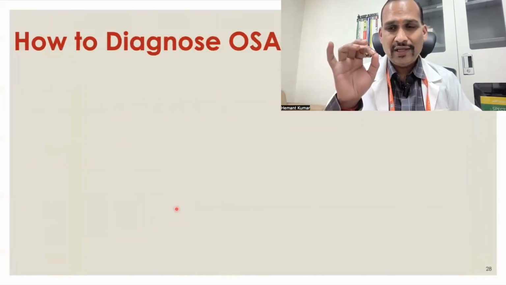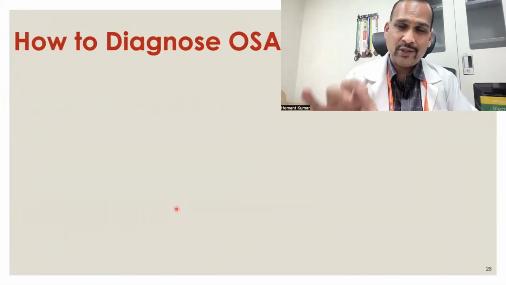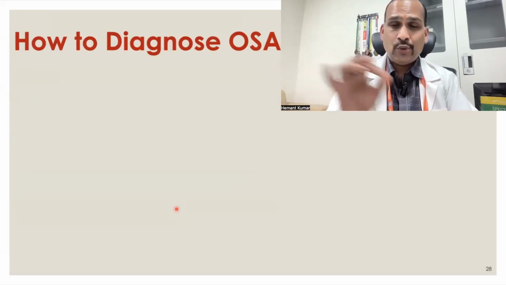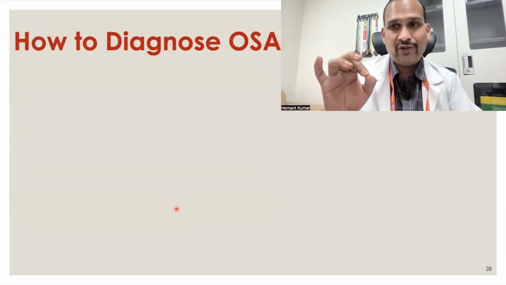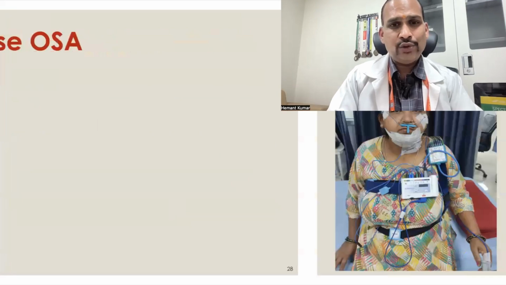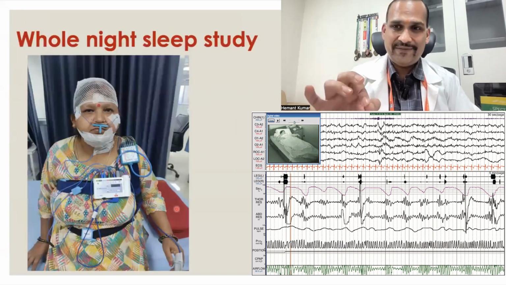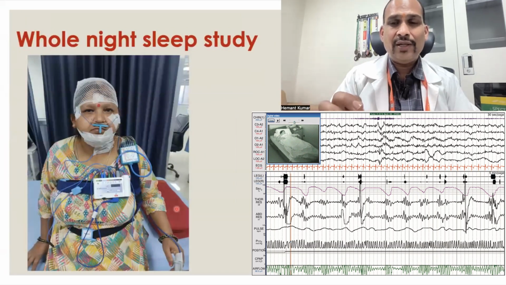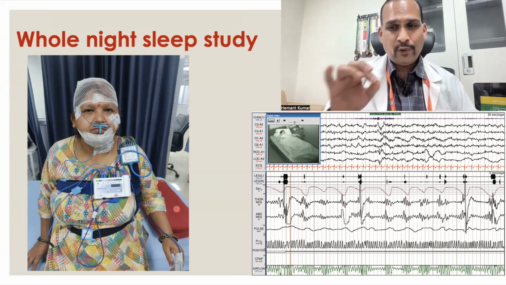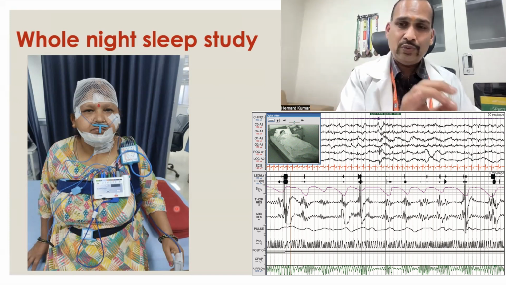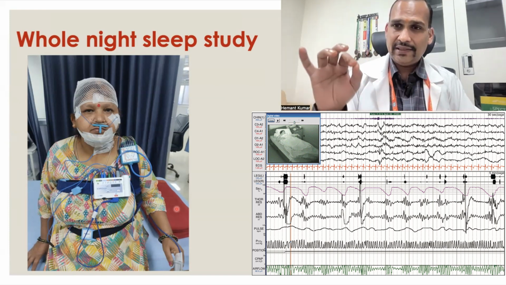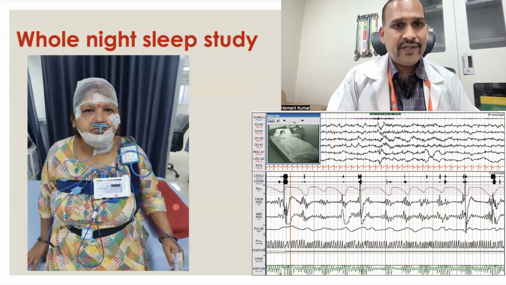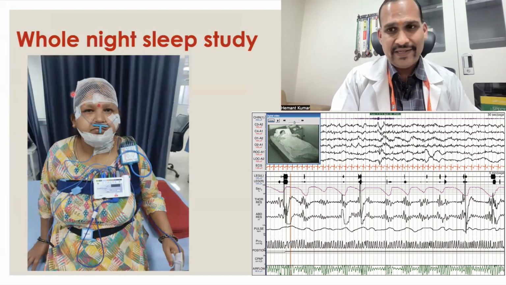So if you find an OSA patient, you have to diagnose and you have to treat. Now the question is how to diagnose a patient of OSA. For diagnosis, we have to do a sleep study, or in technical terms, polysomnography. In polysomnography, the patient has to sleep in the sleep lab, and we attach various leads and sensors, like EEG.